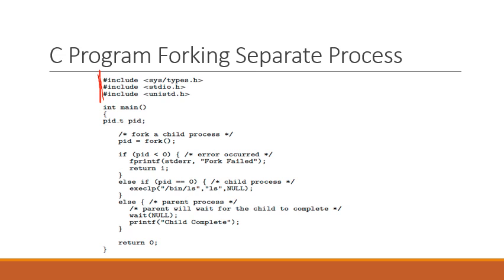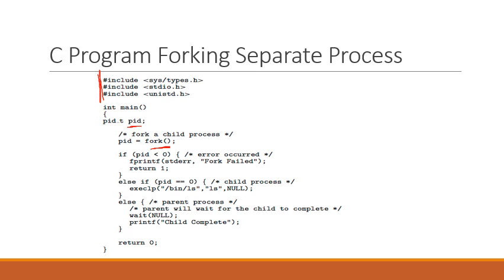In the main function, we have this PID instance of pid_t. Now there is a fork system call. This system call is going to be used to create a new process, a child process. So it forks a child process.